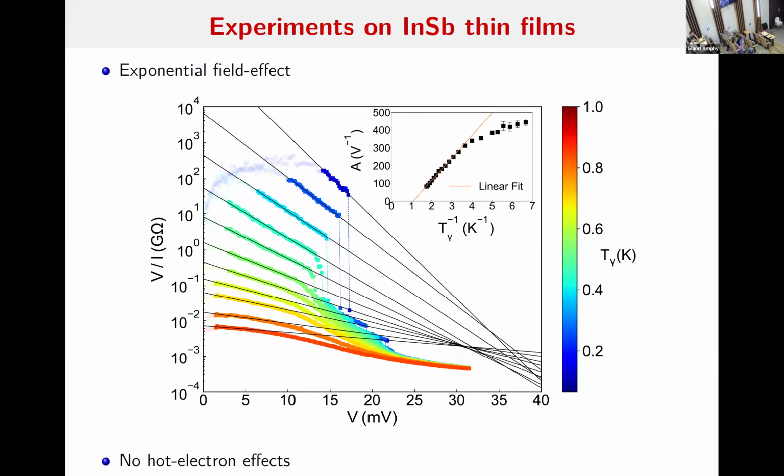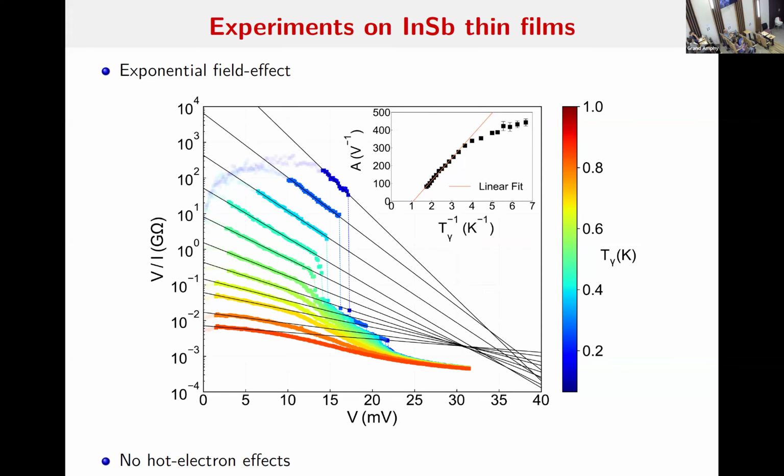This is the exponential field effect, typical of nonlinear behavior in insulators. If the hot electron model were working, what we would see is that the temperature deviates here.